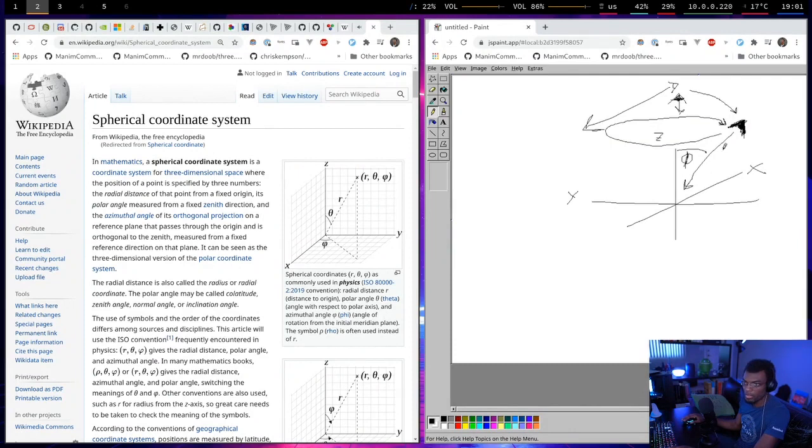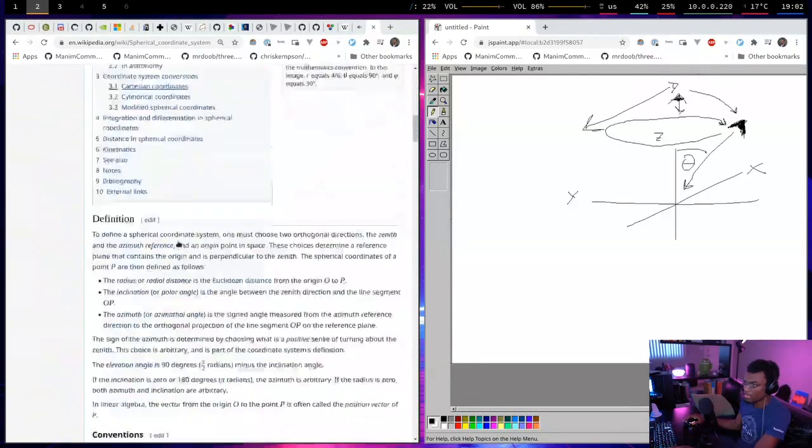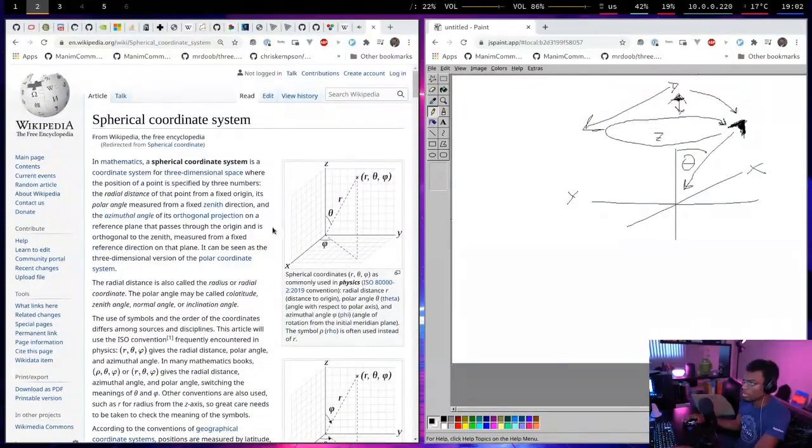Oh, this actually would be useful for polar coordinates. Because if this is pi over 4, and I have the wrong variable here, if this is pi over 4, and I already rotated this by pi over 4, then the polar coordinates are like 11 pi over 4.